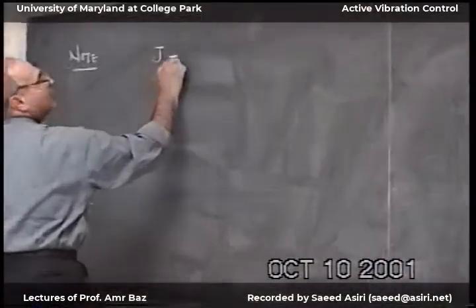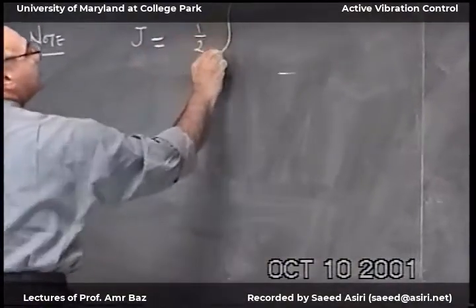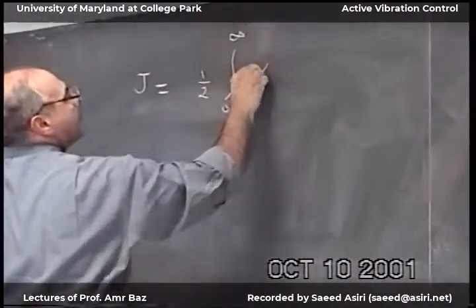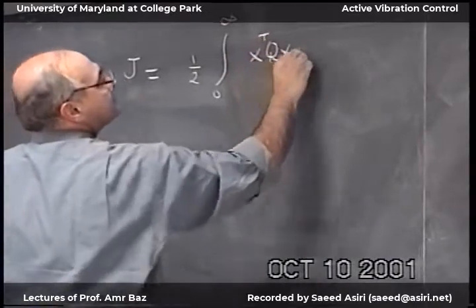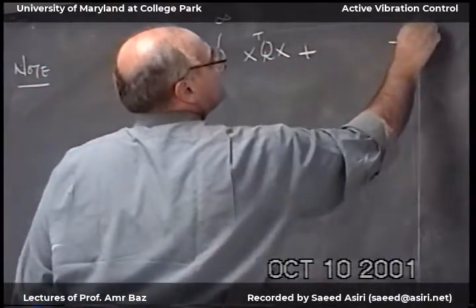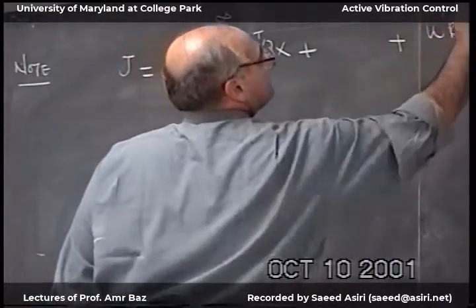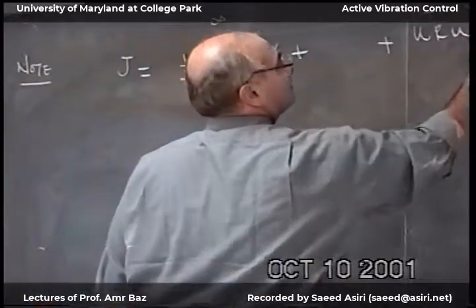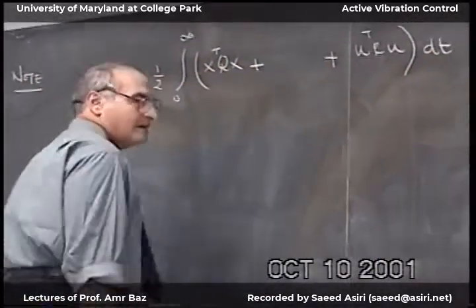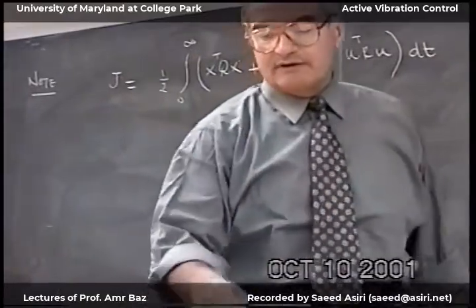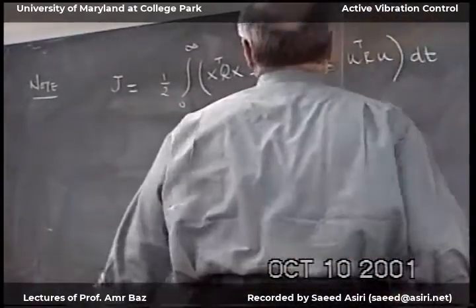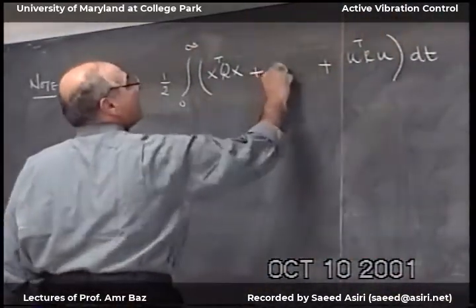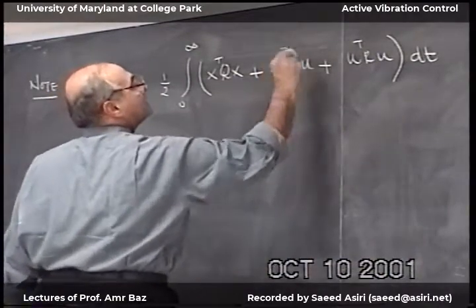J looks like this. That's what we used to. And then we added this term, and the term in between, which is nu.